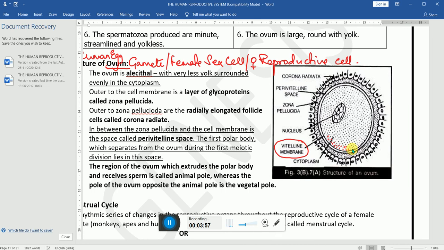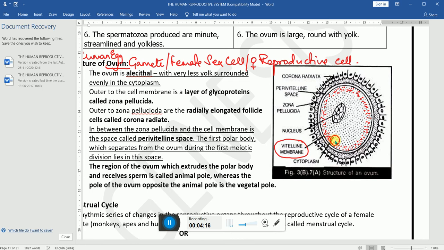But the cytoplasm is differentiated into two regions, and because of that, I am color coding these two regions so that you can have a better view.